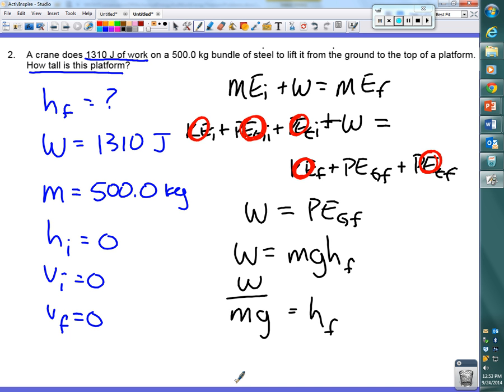So we know all three things on the left-hand side of that equation, and we can figure out what the height is going to be. Is that good?